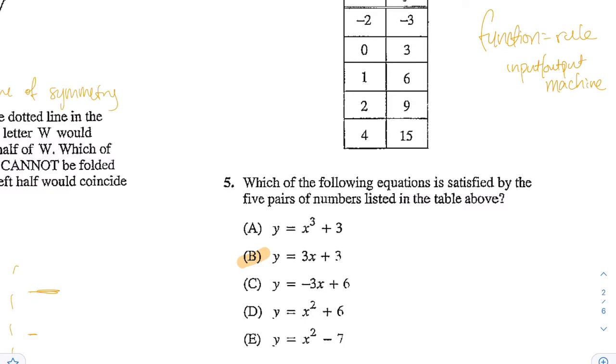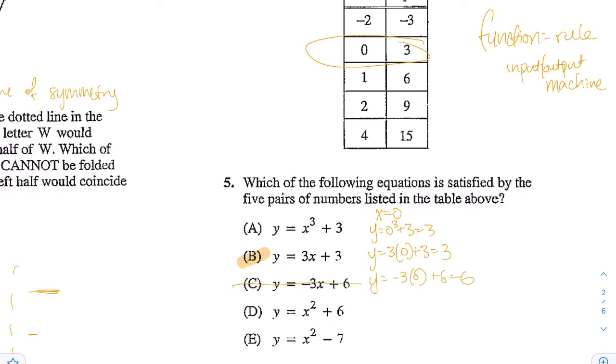Now, there are some x values that you want to substitute in first because they're easy. 0, 3, for example, is an easy one. If you let x equal to 0, y has to be equal to 3, so if you substitute in, for choice A, you get y equals 0 cubed plus 3, which is 3, so that's fine. For choice B, you have y is equal to 3 times 0 plus 3, which is also equal to 3. For choice C, you have -3 times 0, which is 0, plus 6 is equal to 6.